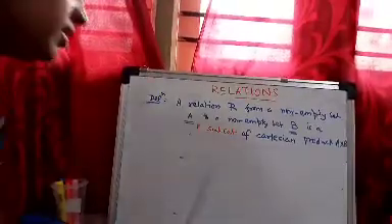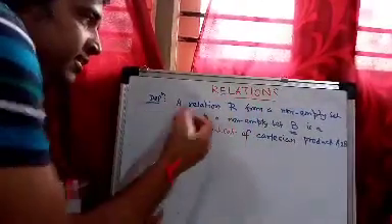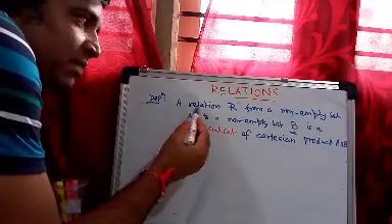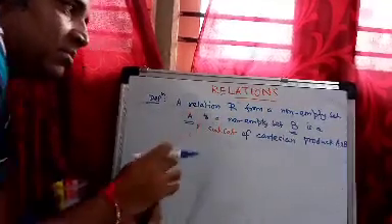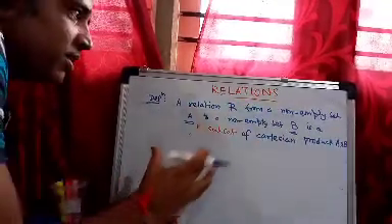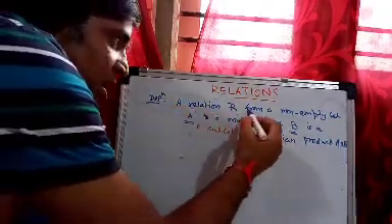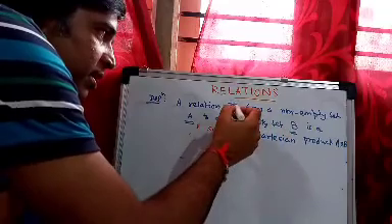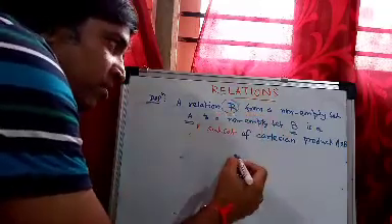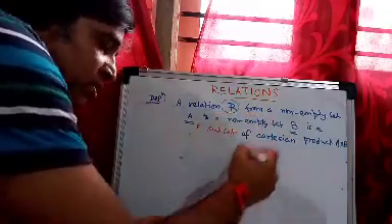Okay friends, now I'll define relations. Last time I just created a subset from a Cartesian product. Now I want to define the relation R. A relation always takes from one set to another set.